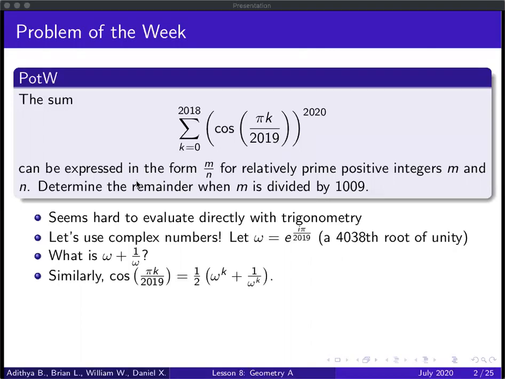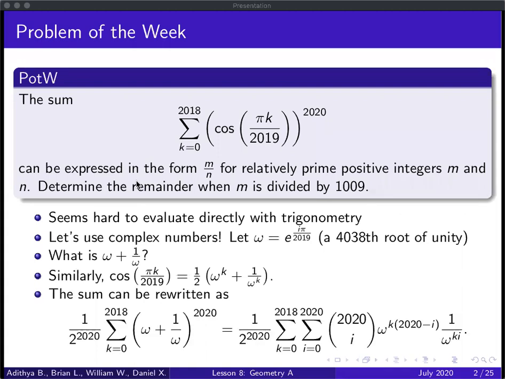So with this form, we can just plug it right back into our original expression to get that the sum can be written as 1 over 2 to the 2020 times the sum from k equals 0 to 2018 of omega to the k plus 1 over omega to the k, to the 2020.